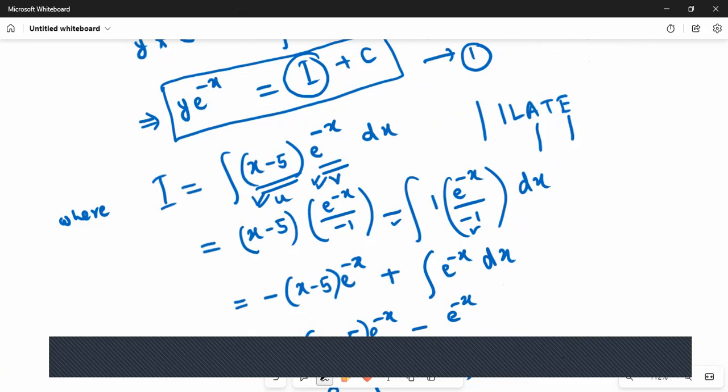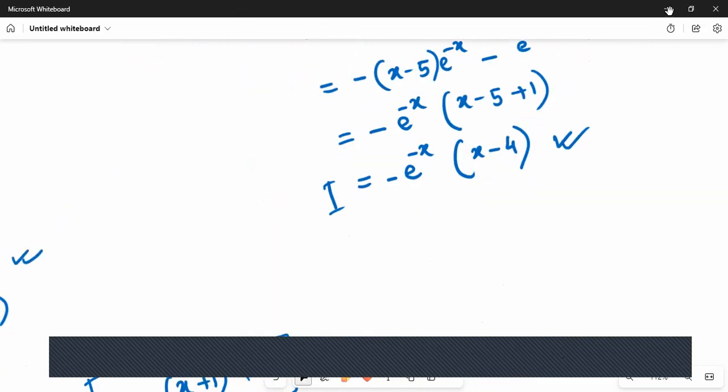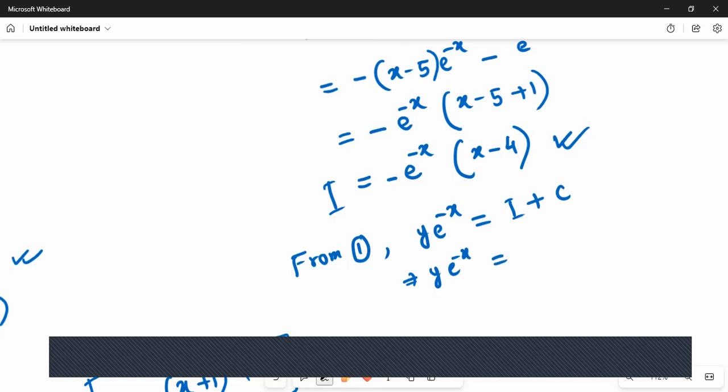Okay, so now we will do it here. From 1, y e power minus x is I plus c. I'm writing again: y e power minus x equal to minus e power minus x times x minus 4, plus c.